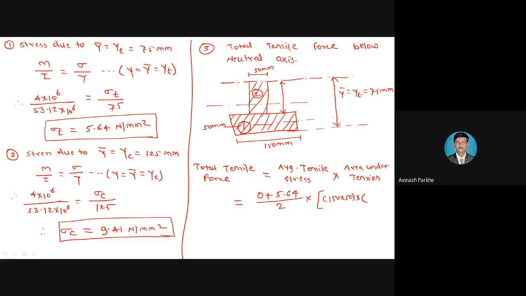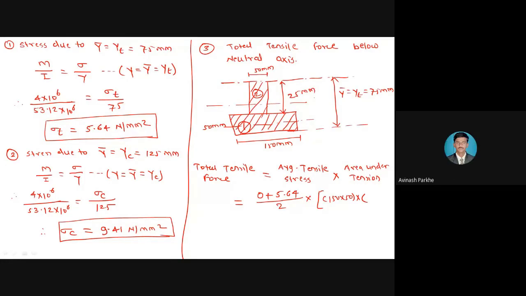Look, the total distance from the bottom side is 75. If we subtract the bottom 50 mm from that 75, how much do you get? We have to go for the subtraction. Total height is 75, and I have to calculate the vertical distance of the vertical rectangle only: 75 minus bottom 50, that is 25 mm.